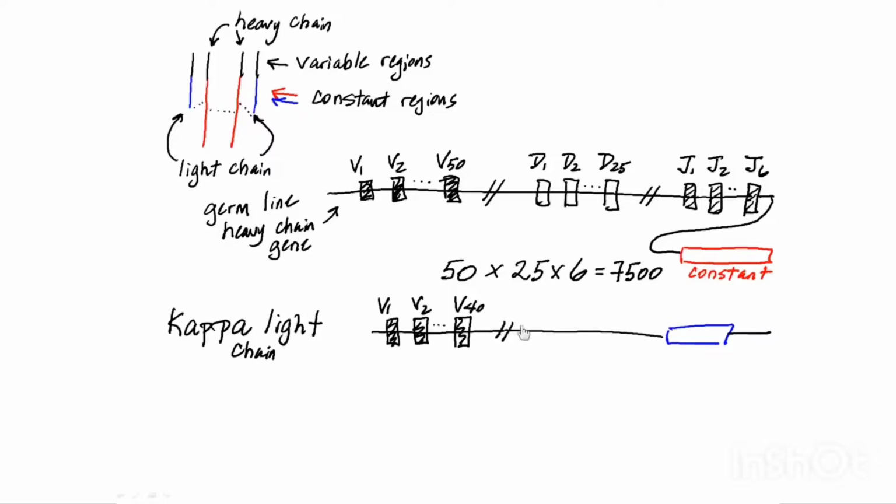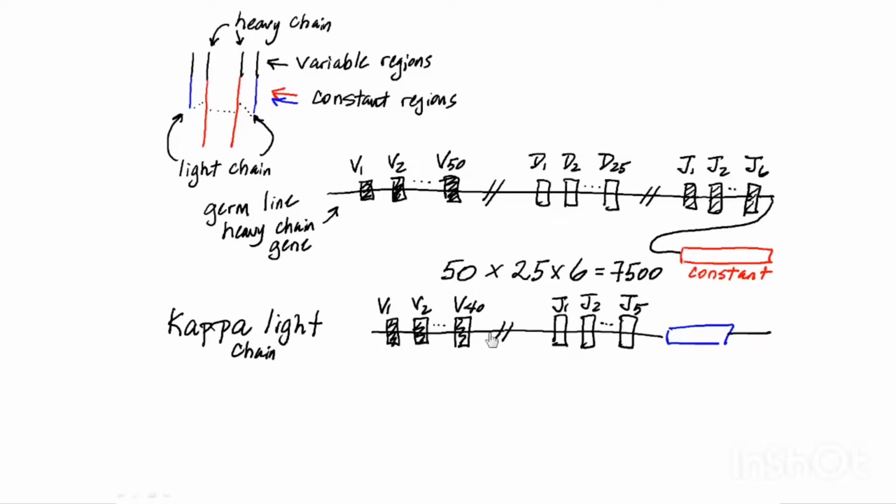And then downstream of them, there are some J regions, and there are 5 J regions: J1, J2, and J5. So how many recombinants can we get from the kappa light chain? For each one of the J regions, we can have 40 V regions. So there are a total of 40 times 5.